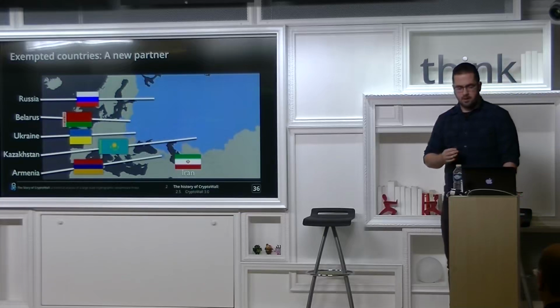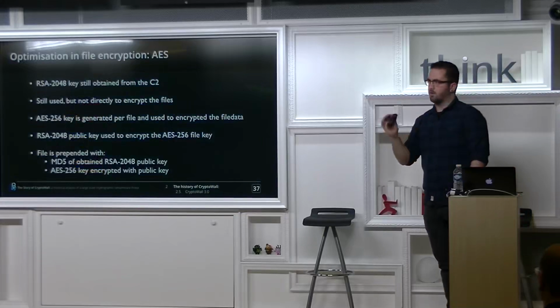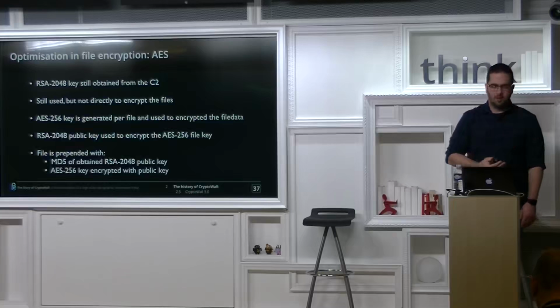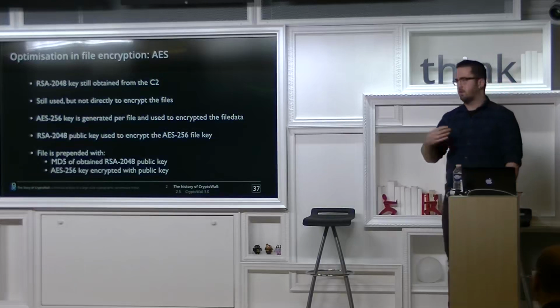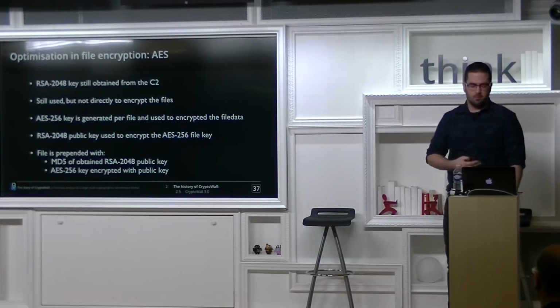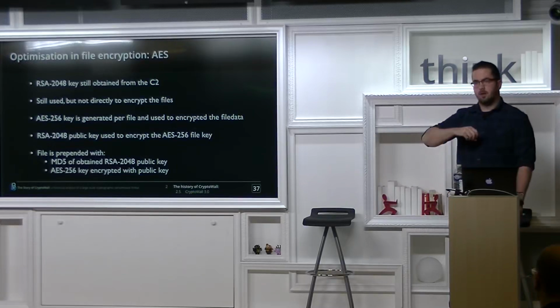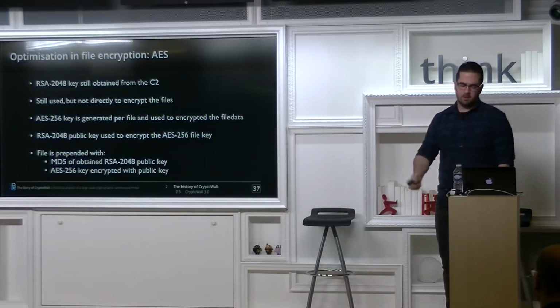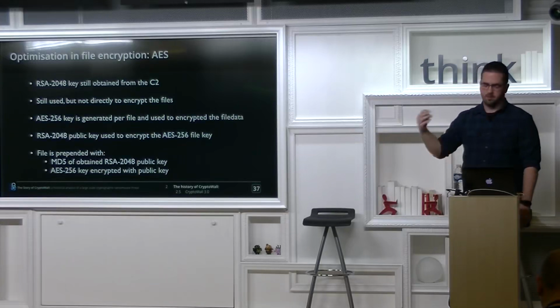One thing they also added was that they changed the crypto. They made it faster, actually. They did some optimizations. So instead of using the RSA key to actually encrypt the files, they would generate an AES-256 key per file, then use this to actually encrypt the file. Then they used the public key they could get from the server to encrypt the AES key. It was faster. Streaming cipher AES, way faster on big files.